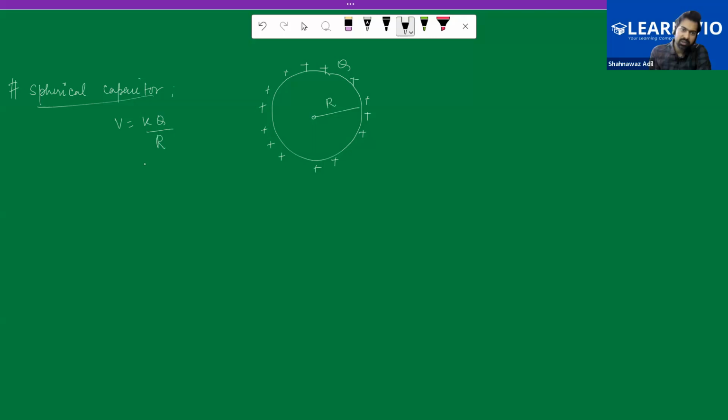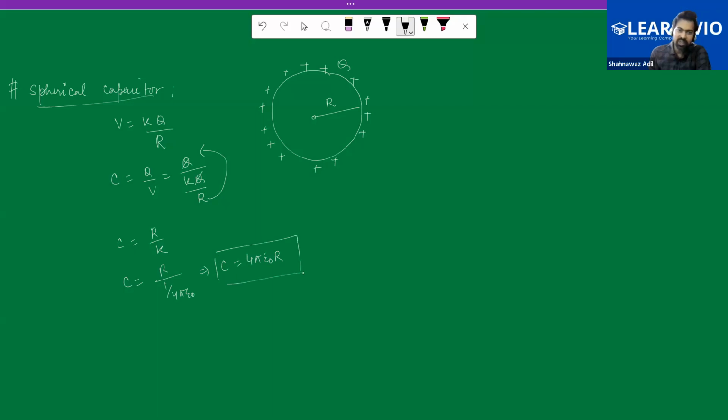And we know that the capacitance is Q by V. So Q is this and V is KQ by R. So this R goes over here, this Q cancels. So this is R by K. And K is 1 by 4 pi epsilon naught. So capacitance is 4 pi epsilon naught R.